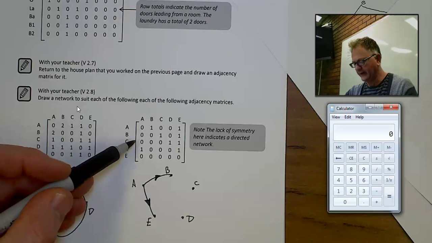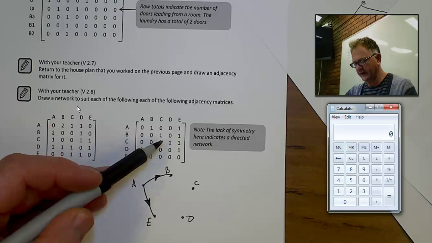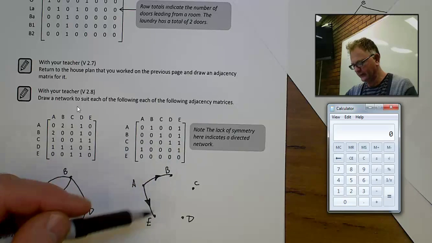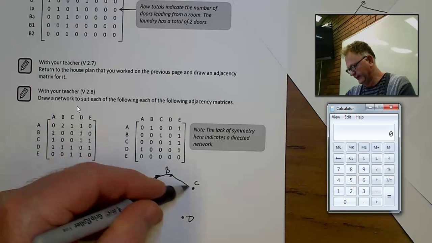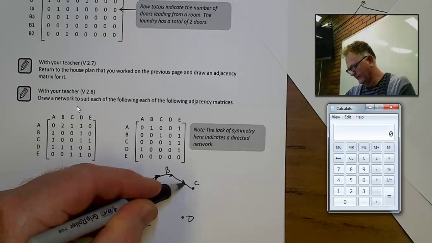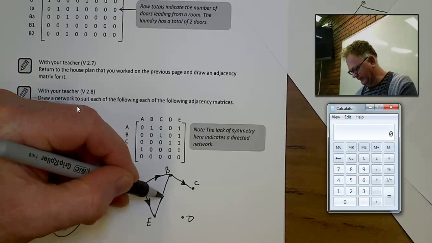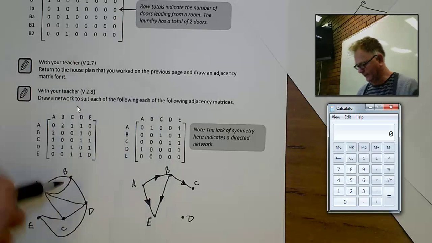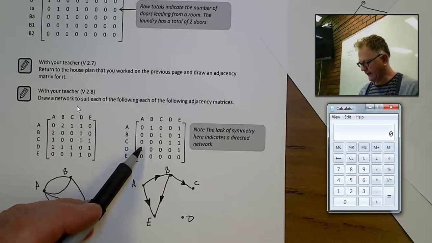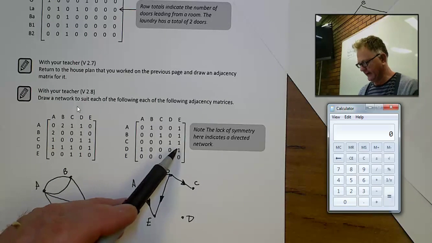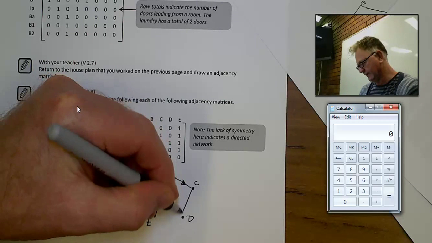From B there are edges to C and to E. So from B to C there is an edge, and also from B to E an edge. From C there are edges to both D and E, but none others.